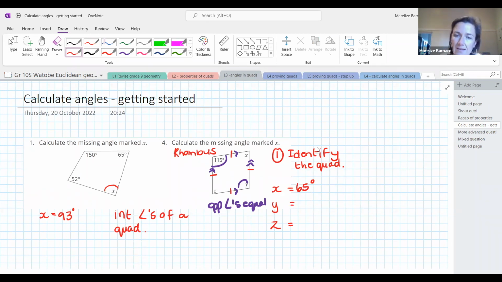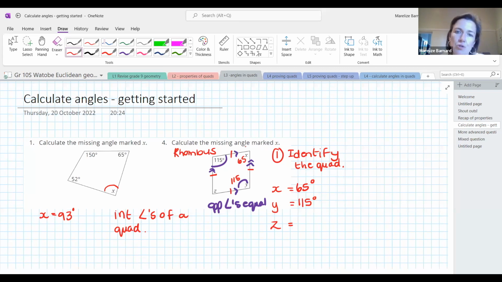Then y is 115 degrees, and the reason there is opposite angles of a rhombus. Not vertically opposite, just opposite angles of a rhombus. Okay, and fill them in as you go. So then x is 65, y is 115, and z is how much?